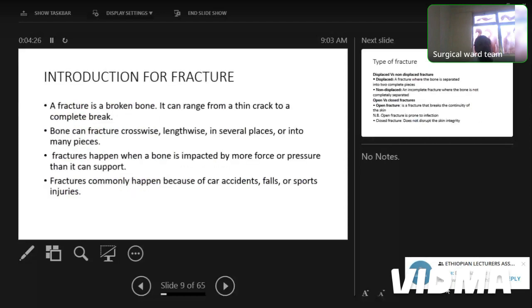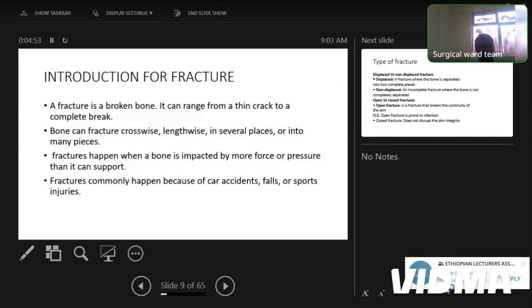When we come to our title, introduction to fractures: fracture is a broken bone. That means it is the breakdown of continuity of the bone, a discontinuity of the bone. It ranges from thin cracks to complete breaks. A bone fracture can break into several pieces or into many pieces. When it's fractured, it may form fragments.